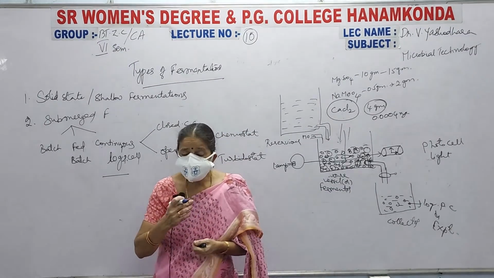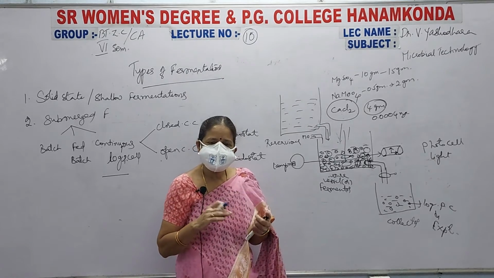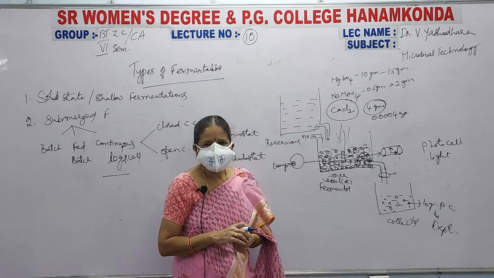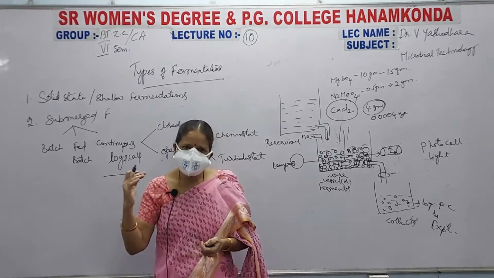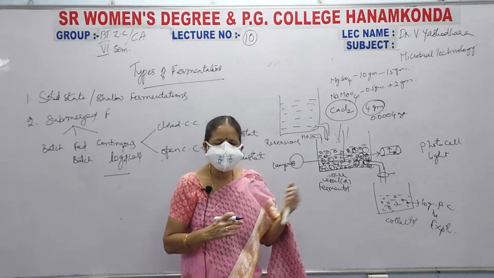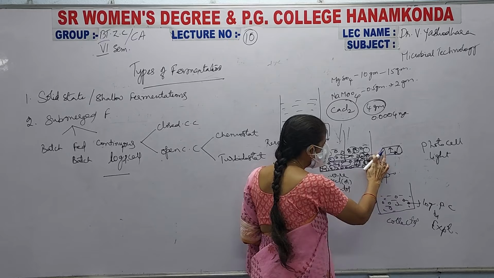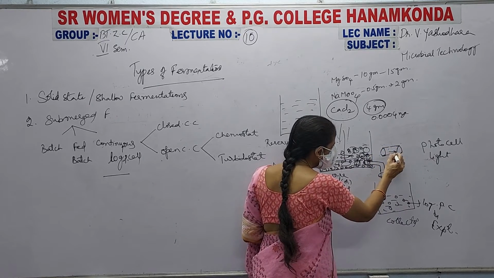Second, if light is passing through the culture medium, one or the other cells will come in the way of the light ray and stop its movement, so that the photocell cannot sense the light. Once it is not sensing the light, again it will come to 0.